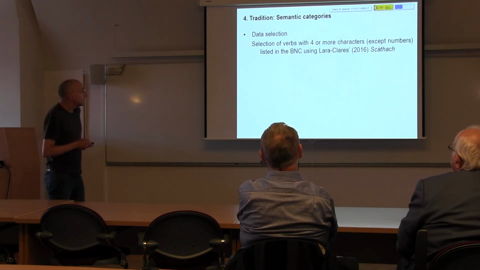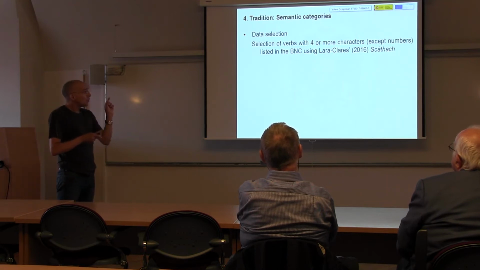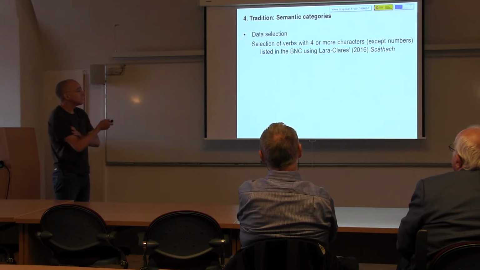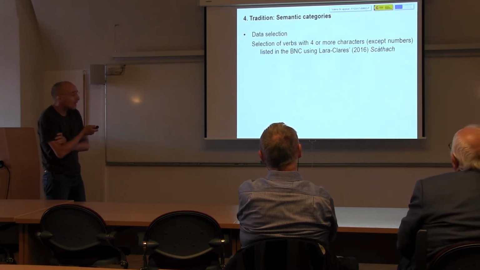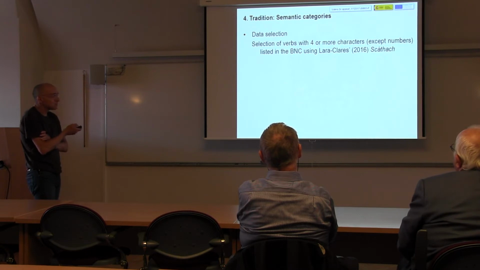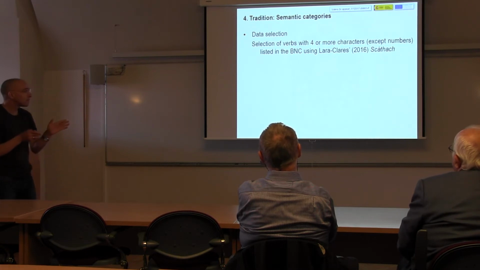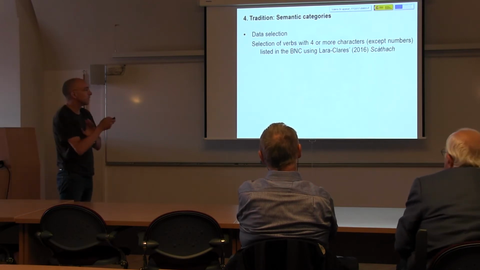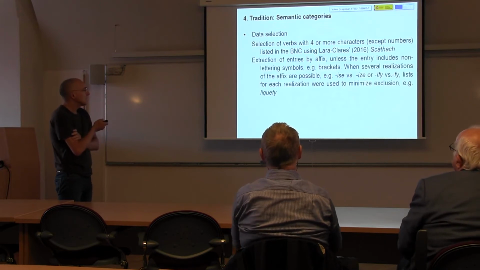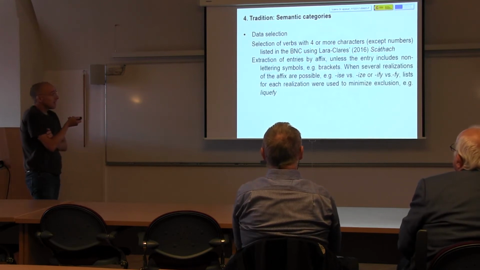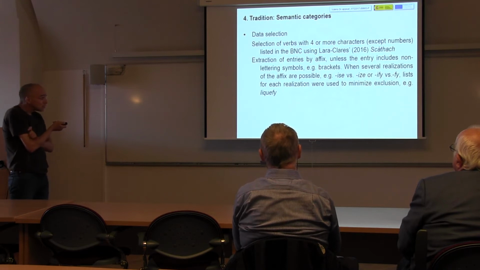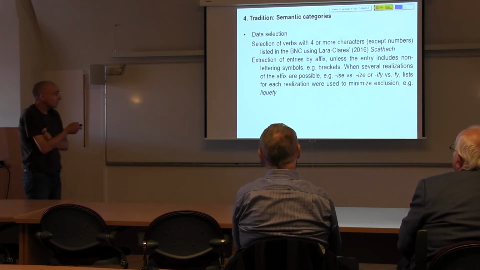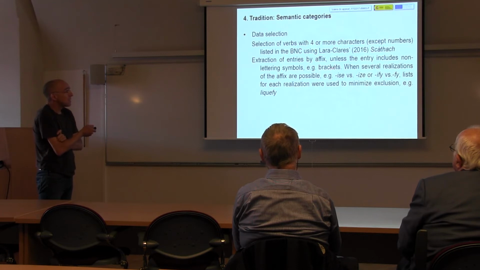The data were selected starting from a sequence of 4 or more characters, unless they were numbers, using this sample generator that is online, and I find extremely useful. You set the conditions to generate the sample. Out of the entire frequency list of the British National Corpus, it gives you the sample that you can then export and use. The cases of affixation were extracted excluding, for example, specific symbols, but allowing different spellings.